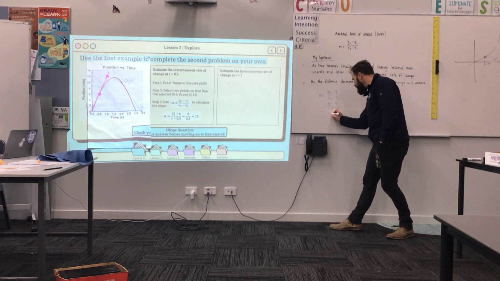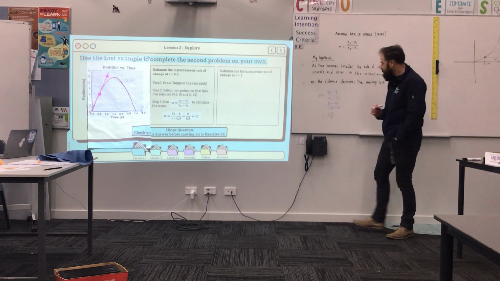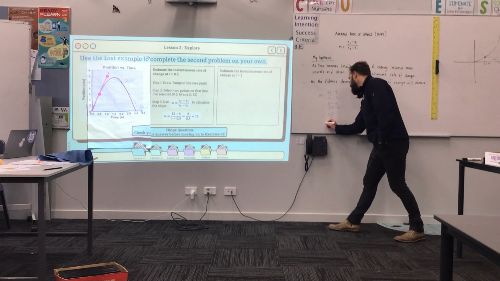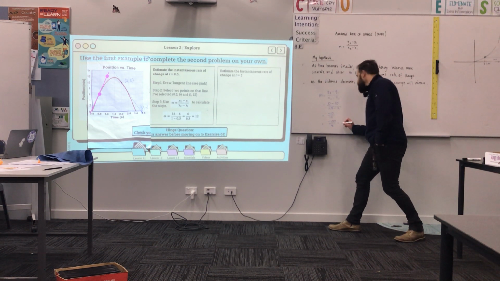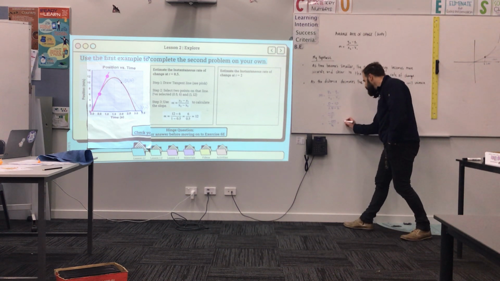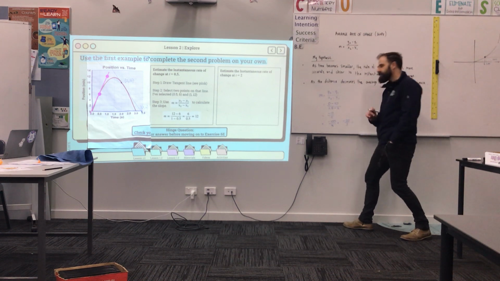So we get minus 10 divided by 1.5, which is equal to what? I'm going to use my fraction skills here. I'm going to do 100 over 15 because I don't like decimals in fractions. And then 5 goes into both of them, goes in there 20 times, goes in there 3 times.